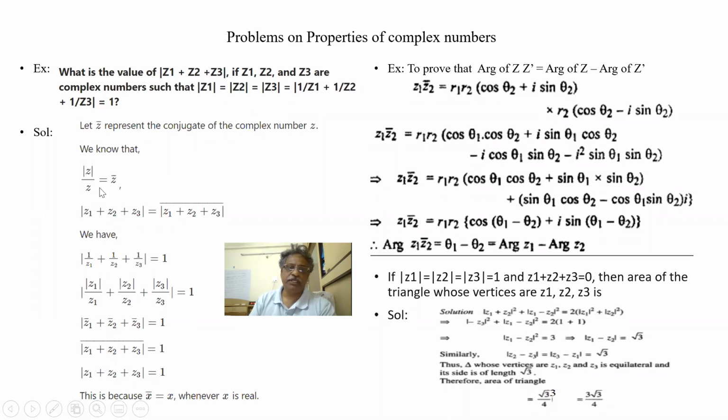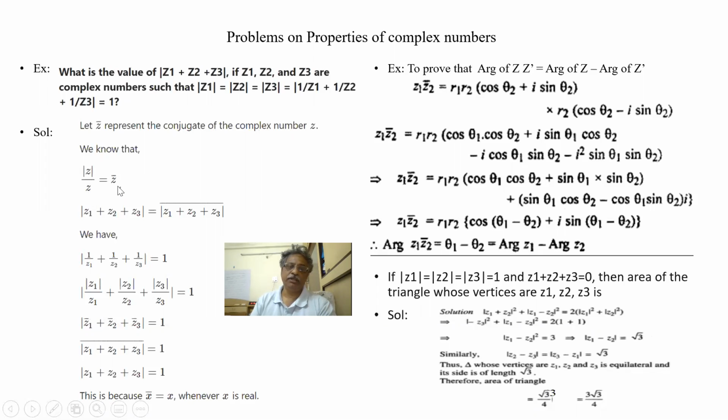So what is Z into Z bar? Z is x plus iy, Z bar is x minus iy. So Z into Z bar is x square minus i square y square. When i is getting cancelled, i square becomes minus 1, so this becomes x square plus y square.